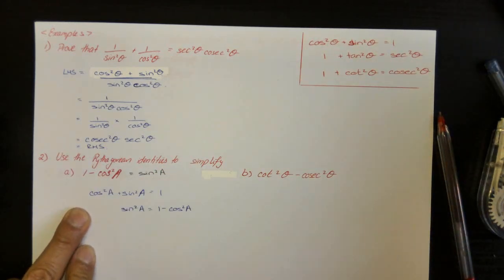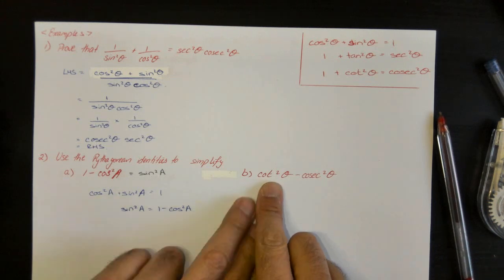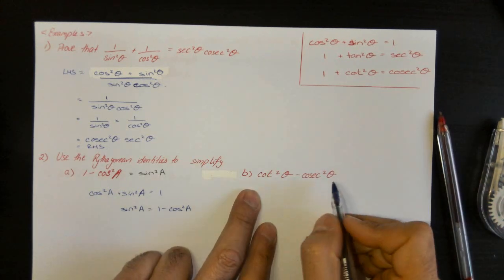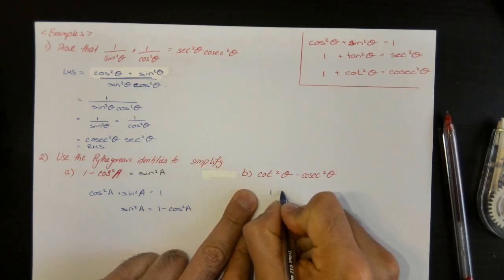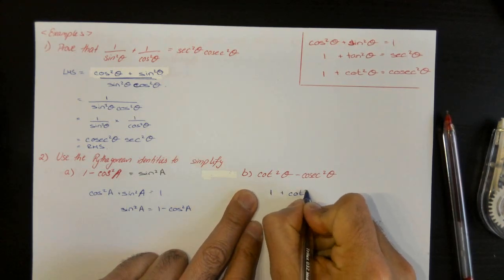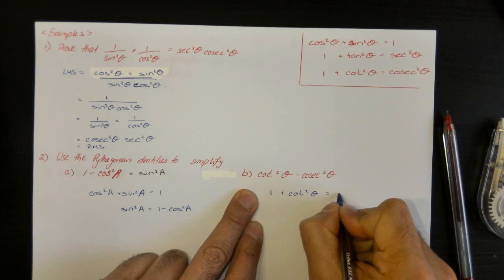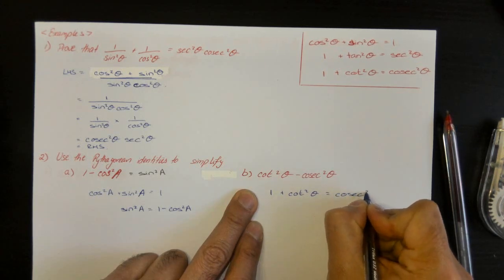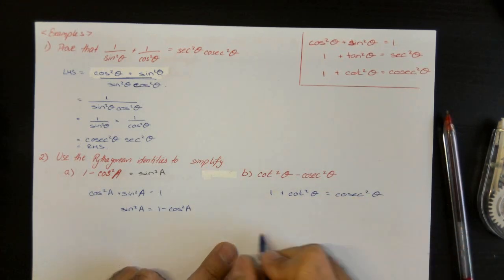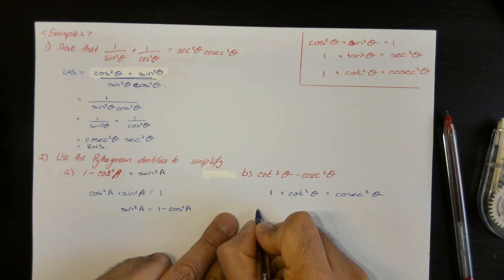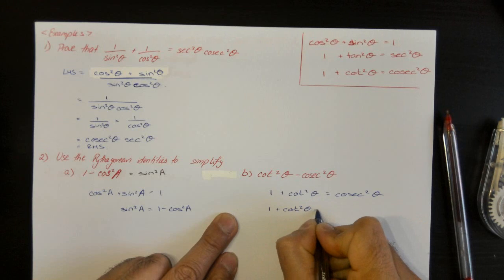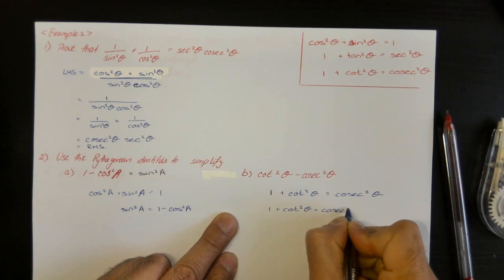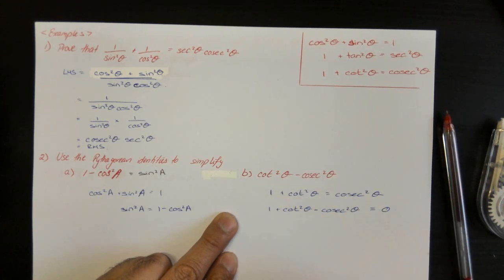Now if I've got cot squared theta minus cosec squared theta, that's very similar to that. I've got 1 plus cot squared theta equals cosec squared theta. Let's bring everything to one side. So I've got 1 plus cot squared theta minus cosec squared theta, that now equals 0.